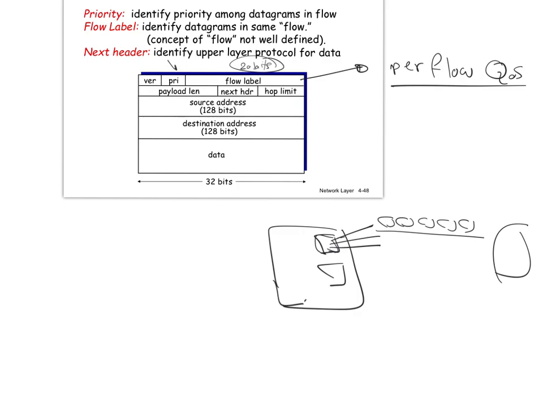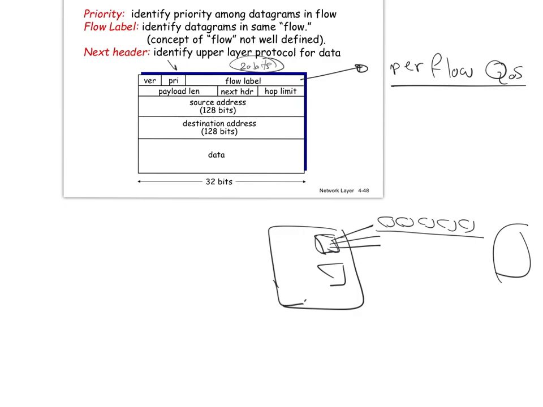Okay, I was expecting someone to say, isn't this virtual circuit? When we talked about virtual circuit, we said that we can provide a virtual circuit number that identifies a specific logical circuit.